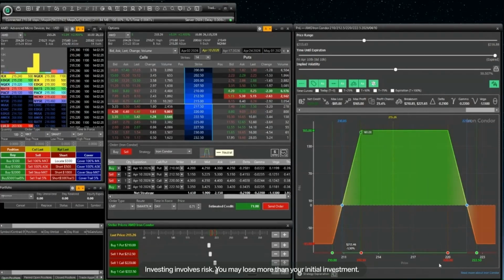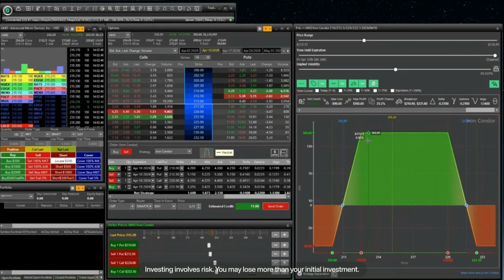So 212.50 to 220. Now I can say to myself, fine, I'm collecting less premium on this. In fact, I'm collecting half the premium I was collecting when I had the strikes quite close together. But the profit chance of it ending up between these 2 strikes is a lot higher because it doesn't have to move as much. A nice little leg setup there.